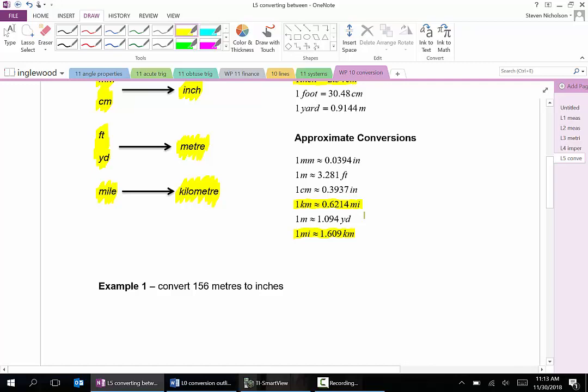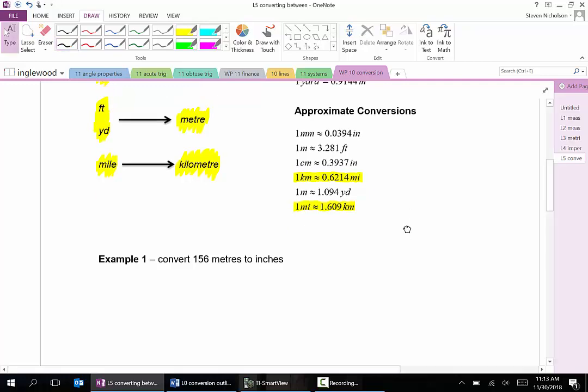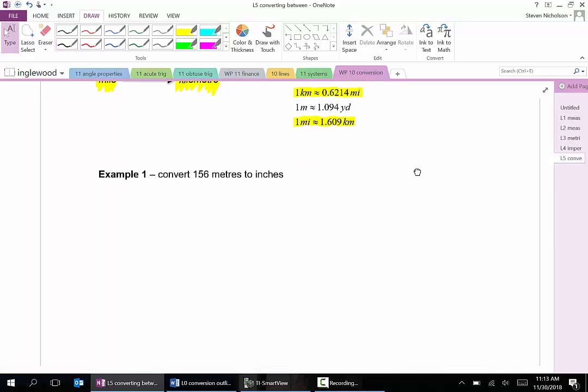So even though they're approximate, meaning not exactly perfect, they're really, really close. And these are ones that you're going to use more than the others. But again, as I've been suggesting all along, you need to have these written down somewhere, so you're not thinking about them too much. You're not rummaging around trying to figure out what's what. Have them beside you.